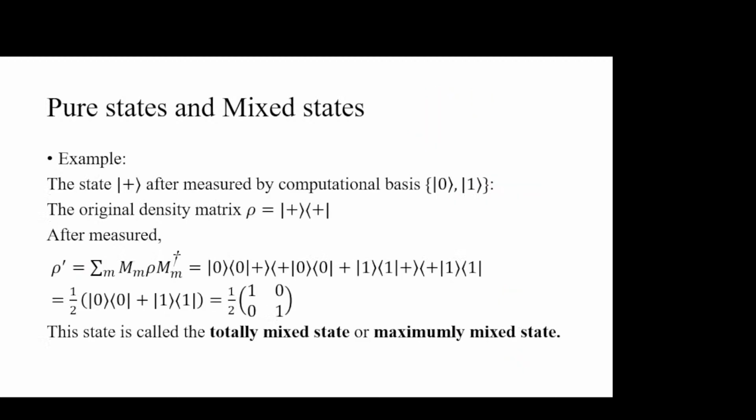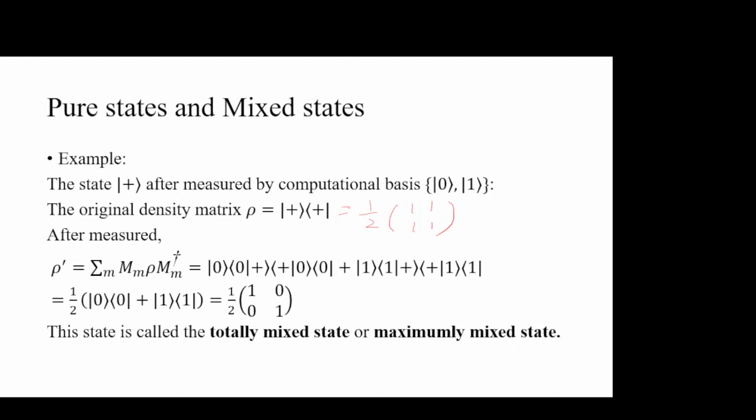So let's see an example here. The example is we have a quantum state, the plus state. This is the eigenstate of X, and we measure it in the computational basis 0 and 1. The original density matrix rho is this projector onto plus, and as we calculated before, this is 1/2 times the matrix 1 1 1 1.